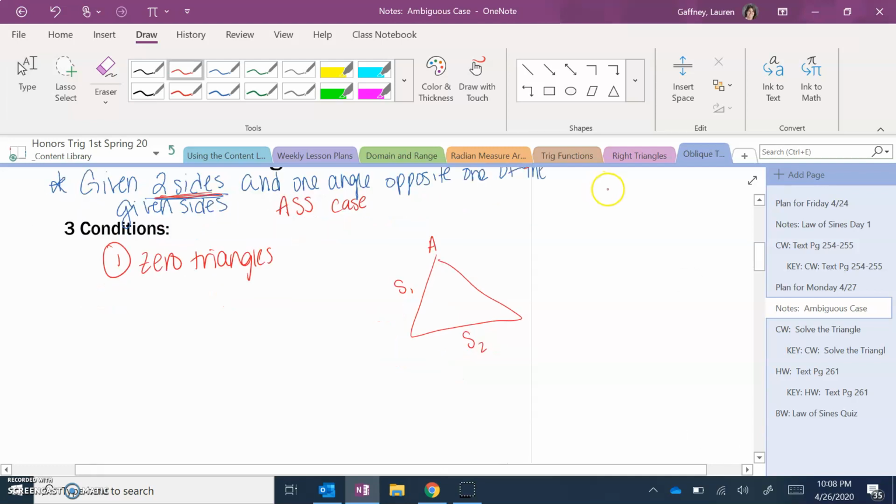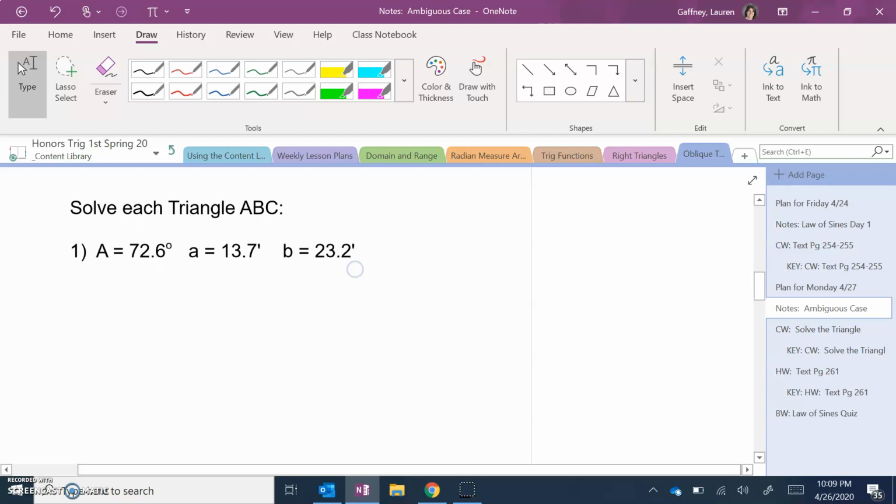For example, if I had side lengths of 2 and 3, the third side length had to be between 1 and 5. So there are cases where you could potentially not be able to form a triangle, and we'll see what happens. We could get one triangle, or we could get two triangles. I'll elaborate on all of this in the examples to follow. It says solve each triangle.